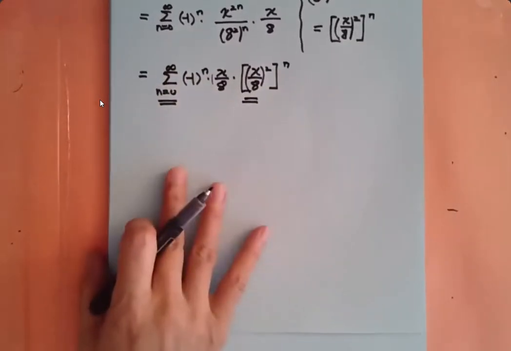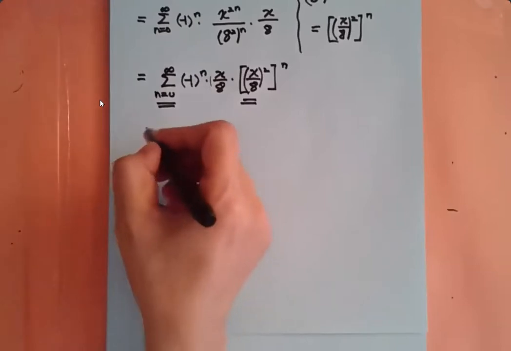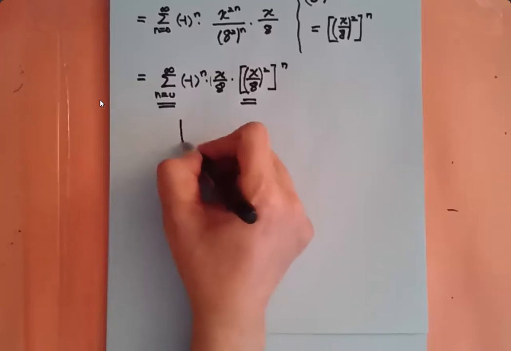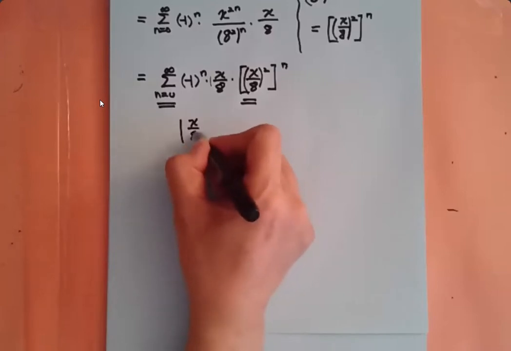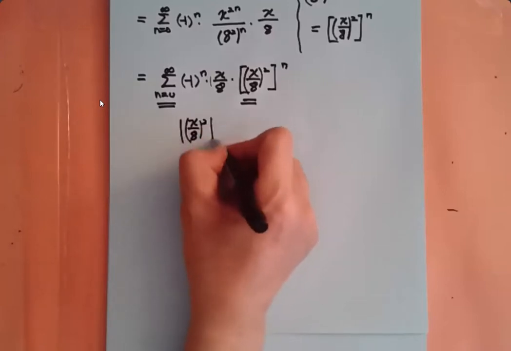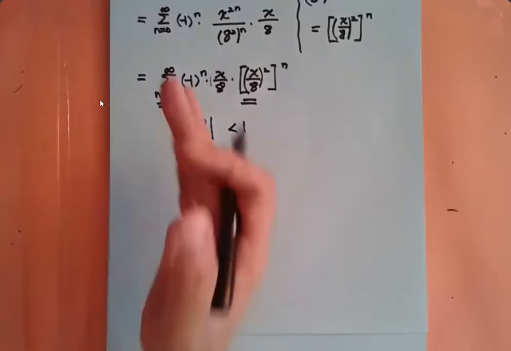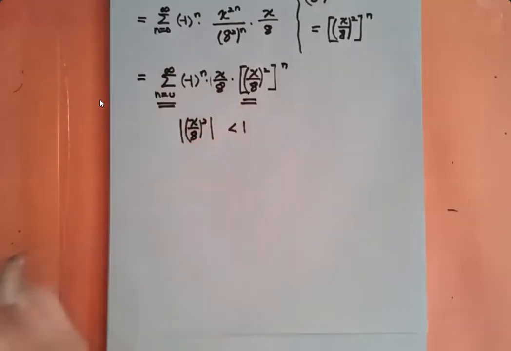And so the part which we have to care about is x over 8 squared. That must be less than 1, right? And this is just a positive number anyway.